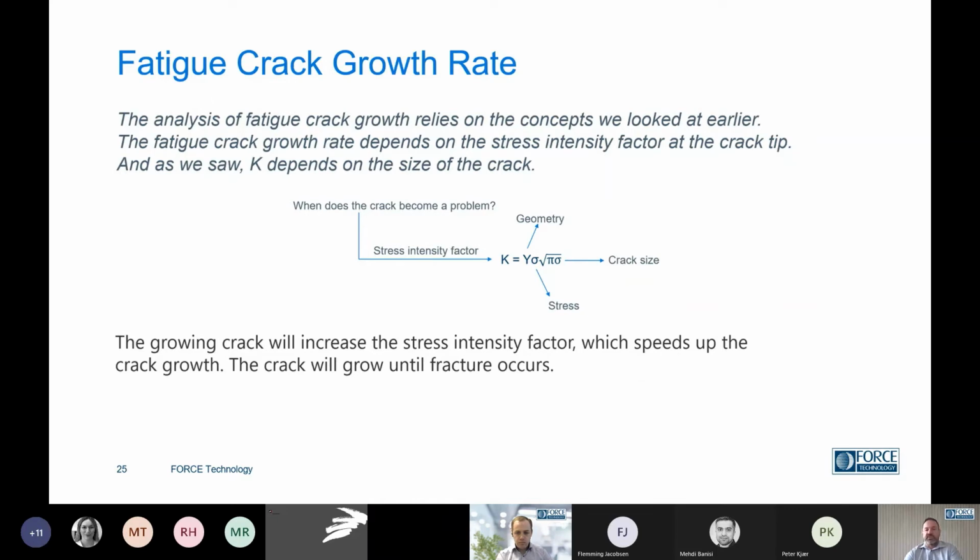But something new to consider with fatigue is that the crack is going to speed up. You'll either have a phase where there's no crack, and then it will start, and then it will be very fast, and then you'll have your fracture. And it looks at what happens around the crack tip.